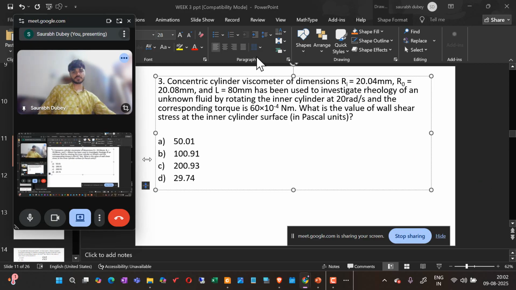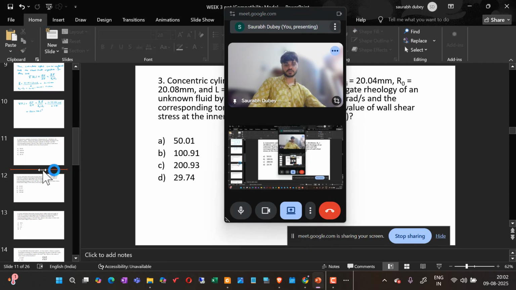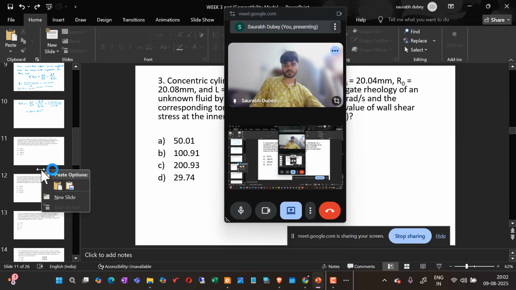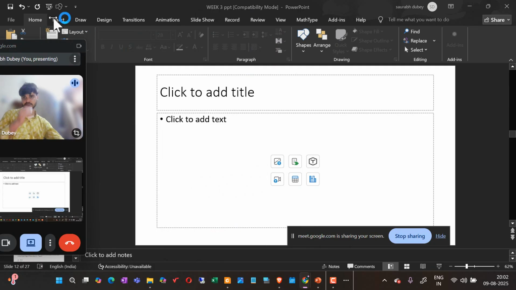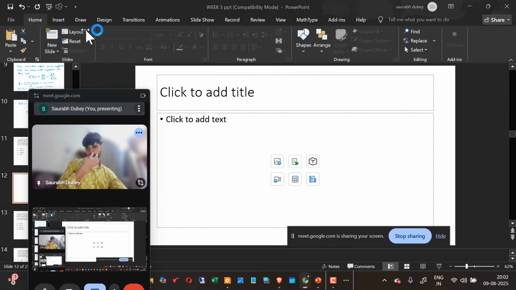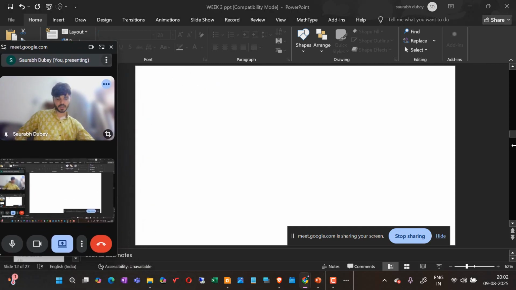So this thing we will be anyway putting it in the, let me just put one new slide here, and I will just remove the layout. Okay, I will just clean it up.